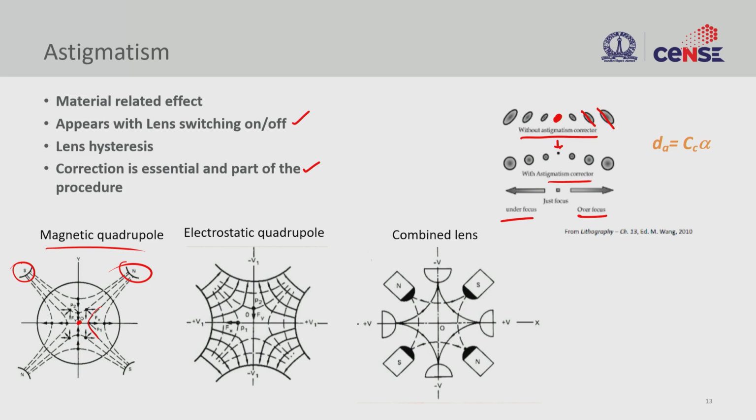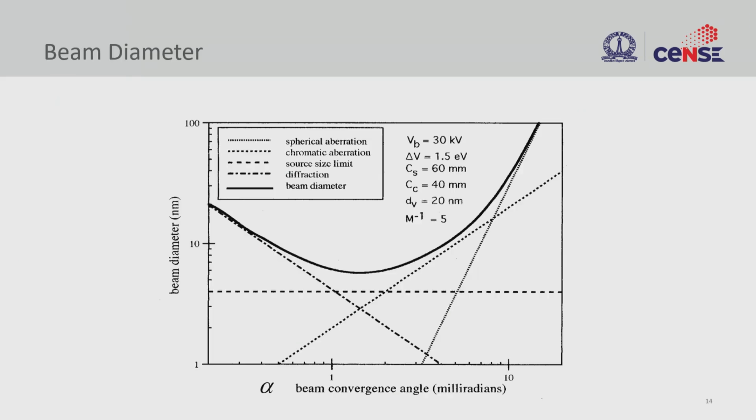On the other hand, with electrostatic lenses, you apply voltage, alternate voltage, that will again create very nice fringe fields that will make the beam focus into the spot. But more often you use a combination lens, where you have both an electric lens and a magnetic lens together. So it gives you a lot of freedom to control the beam quality.